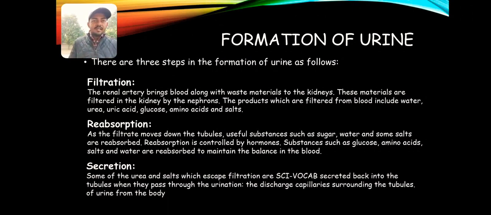Then there is secretion. Some of the urea and salt which escape filtration are secreted back into the tubules when they pass through the capillaries surrounding the tubes, which discharge urea from the blood.